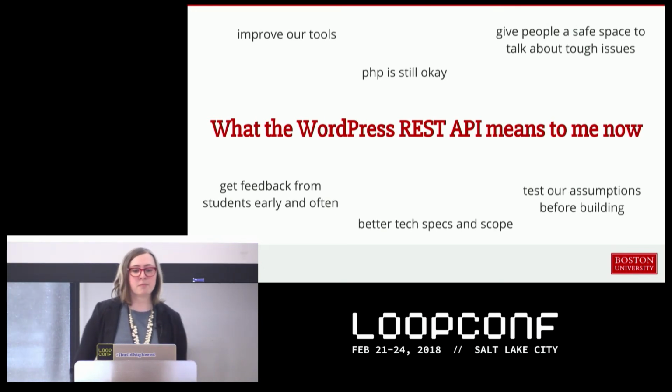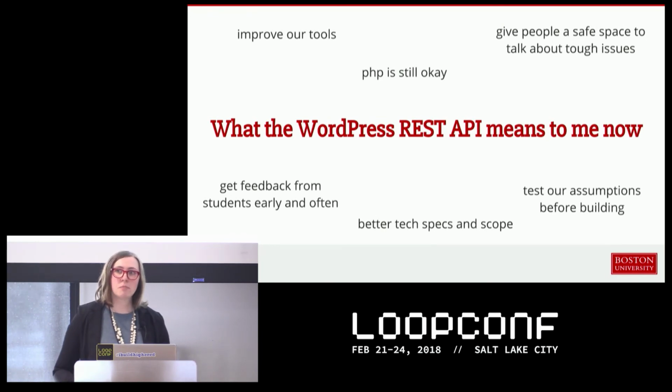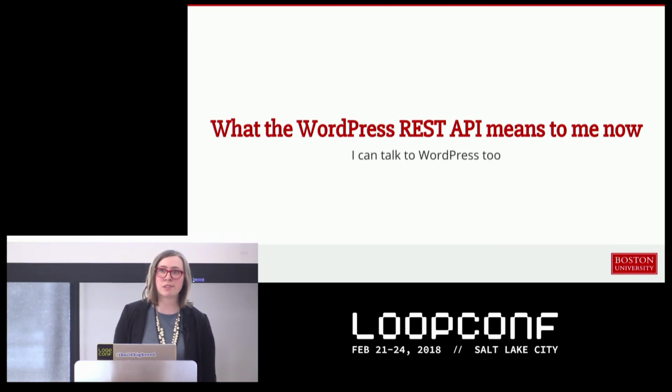Things like getting feedback from students early and often, giving people a safe space to talk about tough issues, testing our assumptions before building, and even trying to get to better tech specs and scope as a result of the feedback that we're getting from students before we go into build. But most importantly, it means that I can talk to WordPress too.